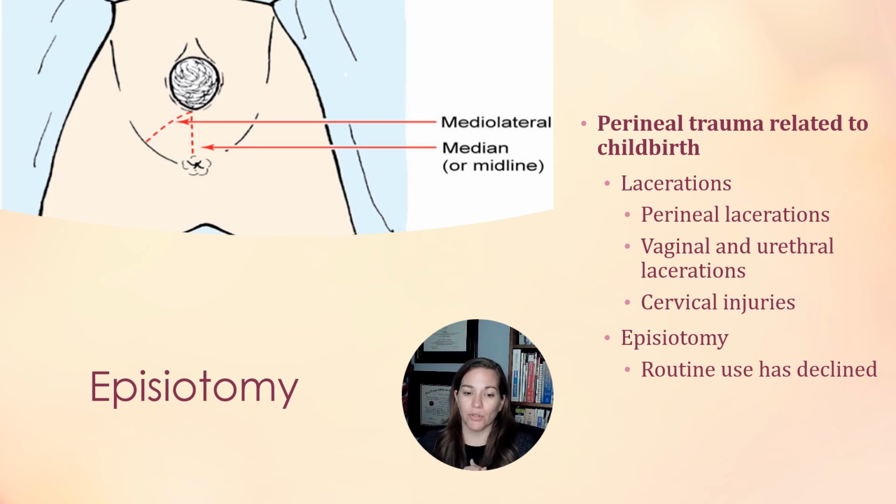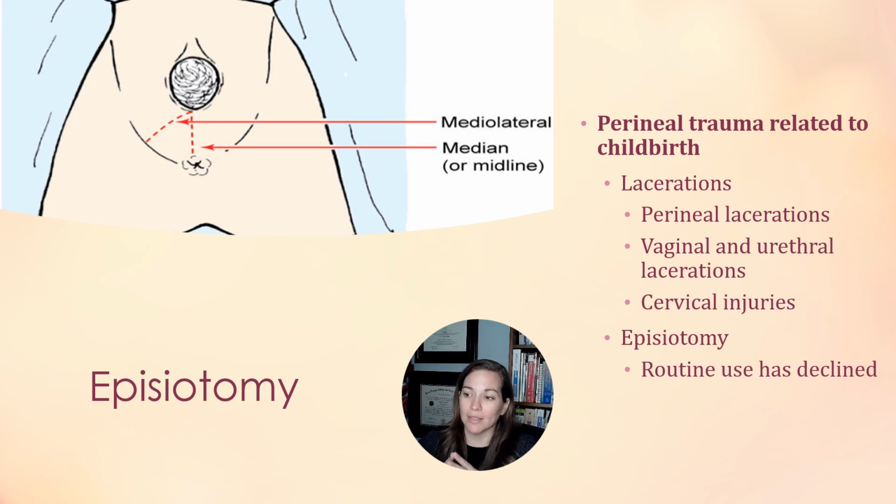You can have cervical tears and cervical lacerations caused by the delivery of the baby, especially if you're trying to push over the cervix or through the cervix, or maybe you have a precipitous delivery, so everything just happens so fast, you could injure or tear the cervix.